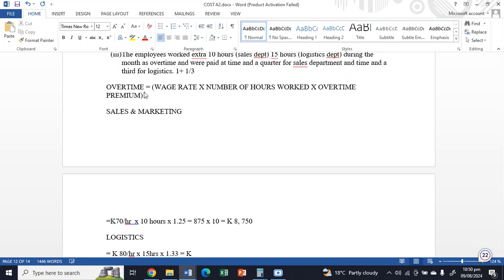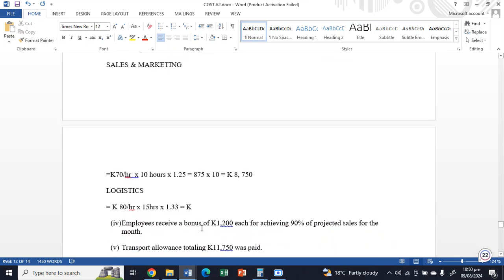So 80 times 15 times 1.33 is 1,596, multiplied by 3 workers, 4,788.